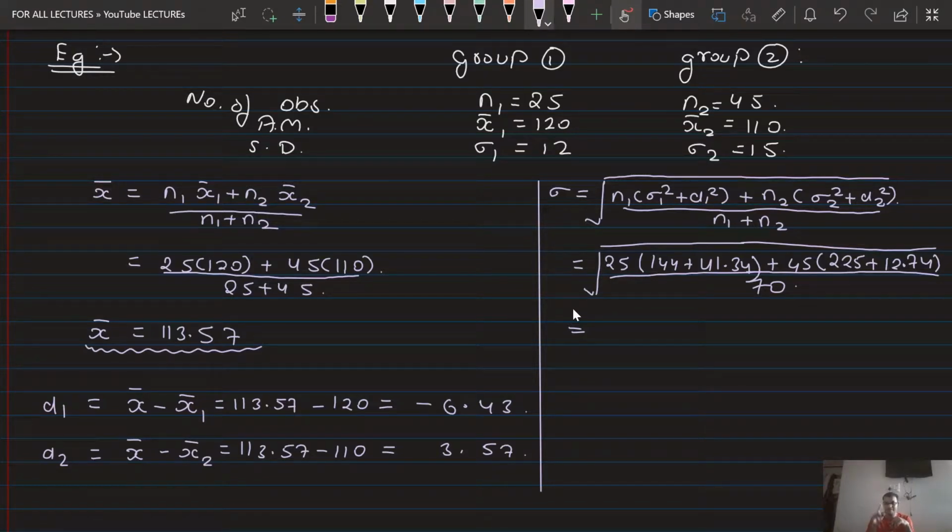Yes, multiply that with 25. 4,633.5. Alright, so that is the answer for the first term. Now you can see the M plus button on your calculator, M plus. So press that button once. Now without pressing any other button, add 225 plus 12.74.